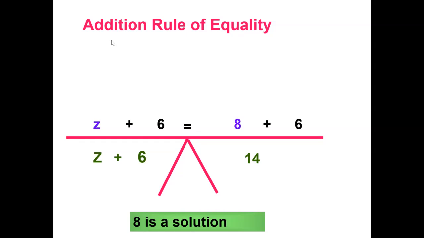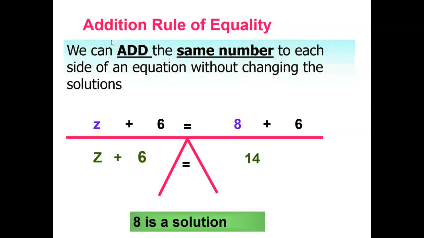This new equation arrived from the original equation, z equals 8. Remember, z equals 8 is only true when z is 8. In the new equation also, I must replace z by 8, because 8 plus 6 gives me 14. Therefore, we saw that we can add the same number to each side of an equation without changing the solution. That is the addition rule of equality.